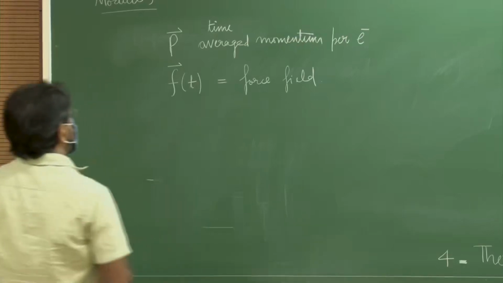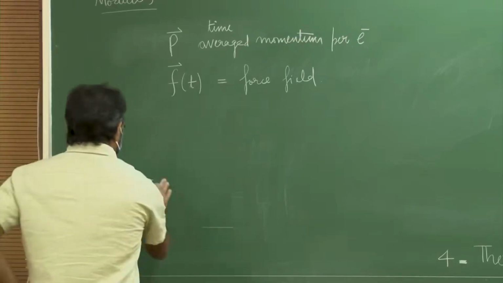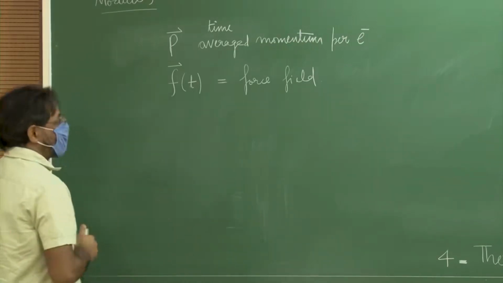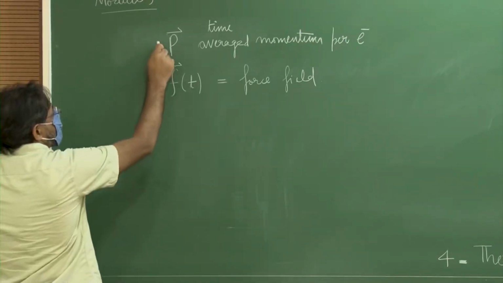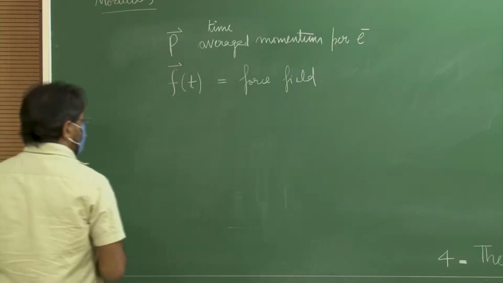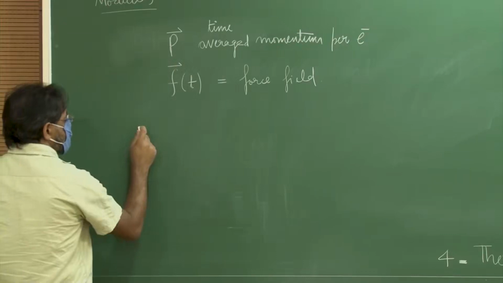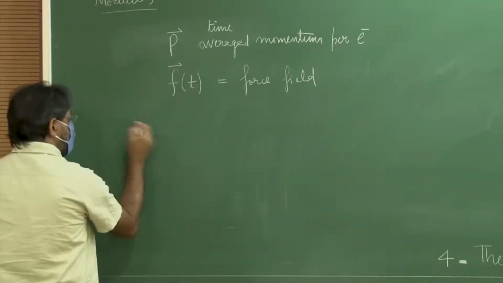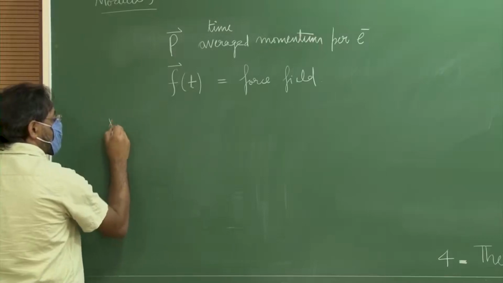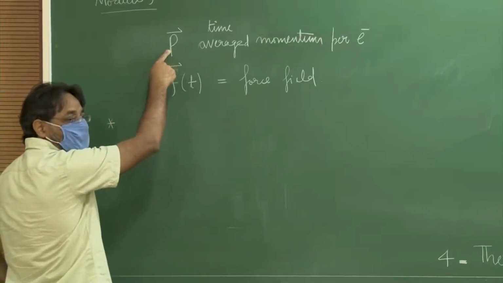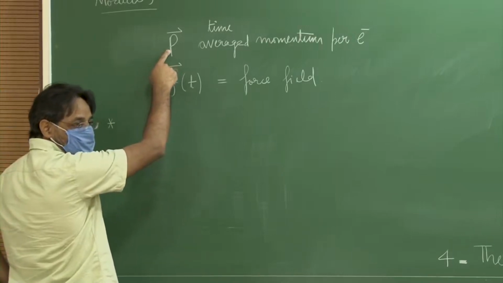But before I proceed further, let me clear a few more things, because otherwise you will get very lost. So this P is the average, time averaged momentum per electron. Now let's try to distinguish two things. From this momentum, you will get a time averaged velocity, right?